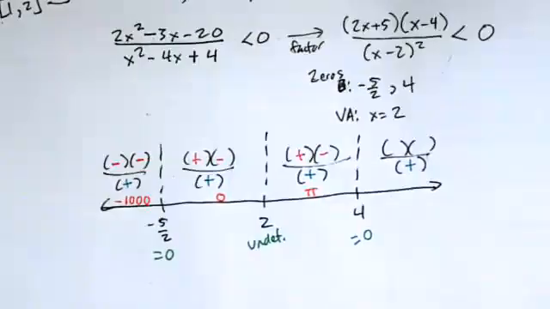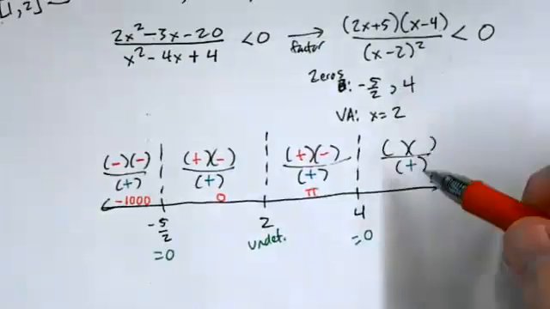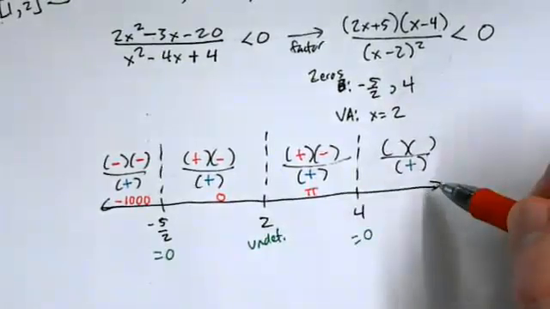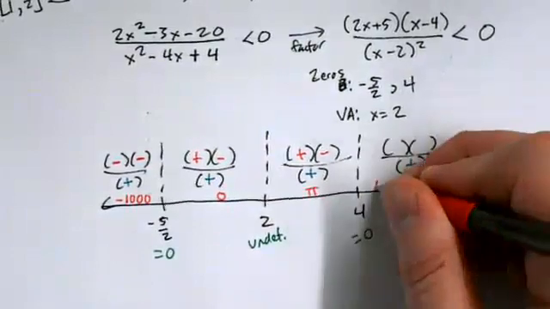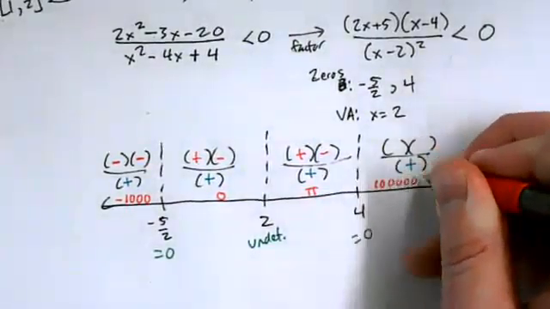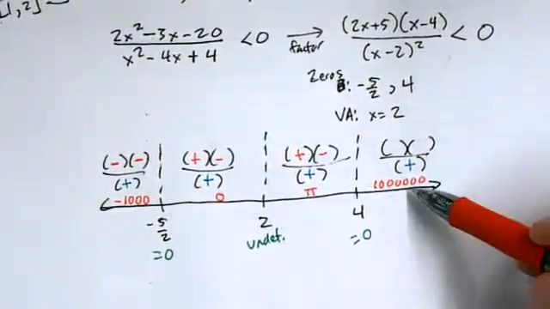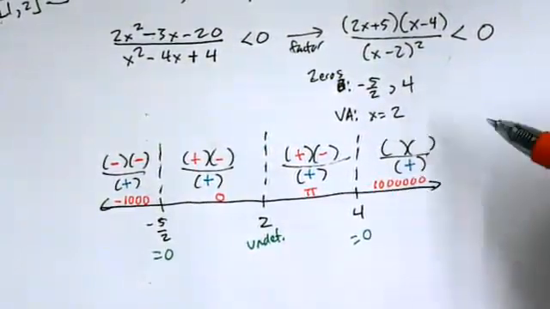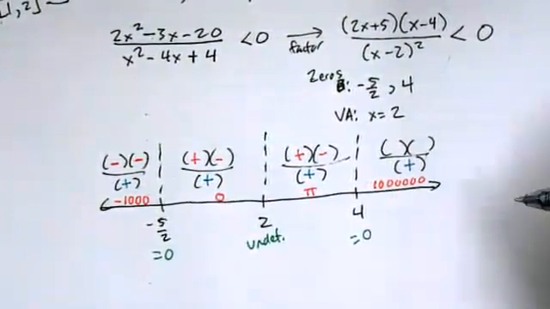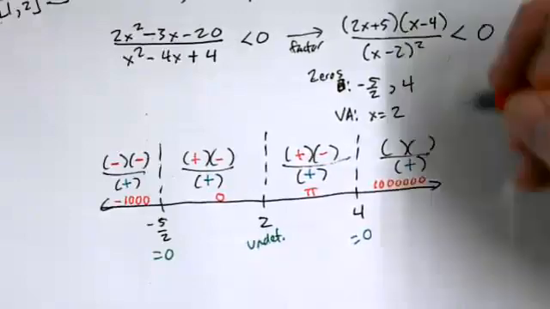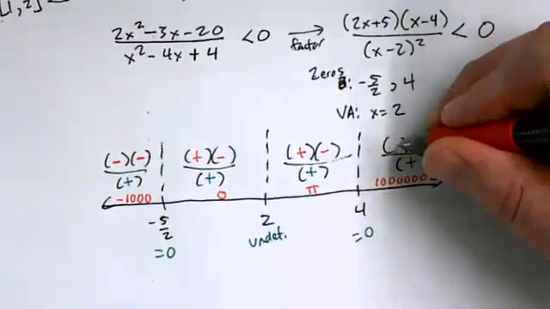And then between 4 and infinity, I don't know, 1,000,000. Well, we can't substitute infinity in there, sorry. But we could pick a really big number, 9,999,999.99. I think they're going to both be positive.